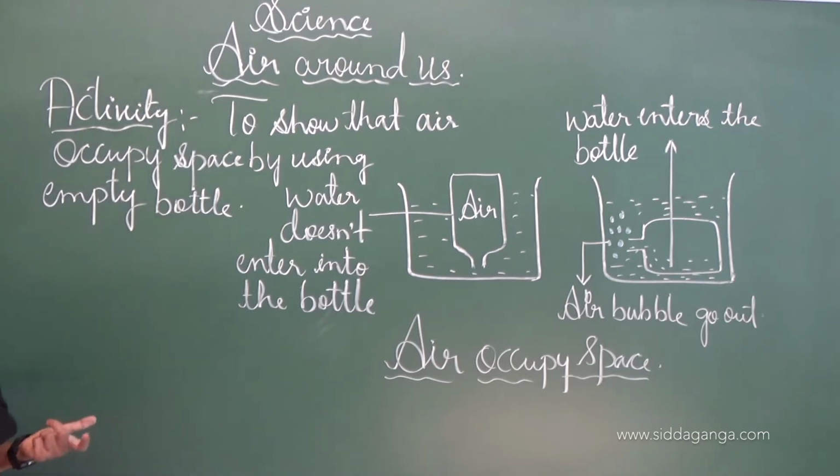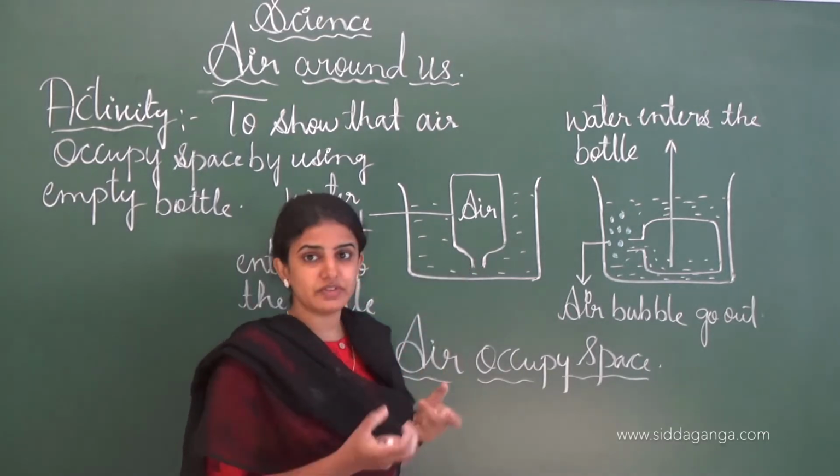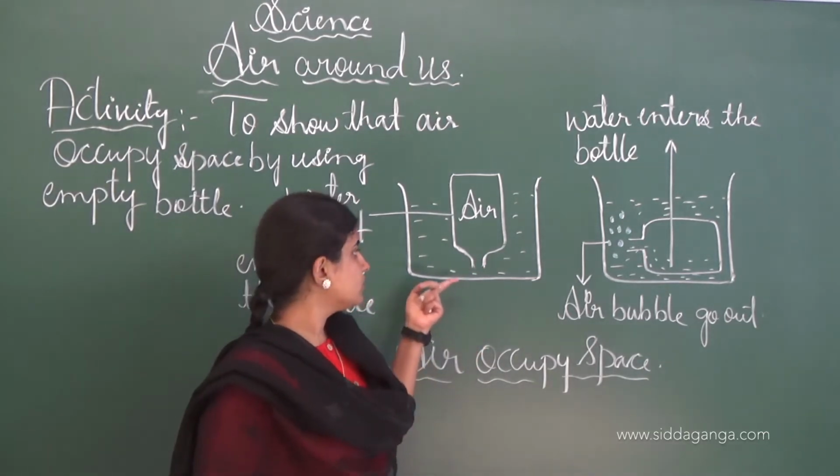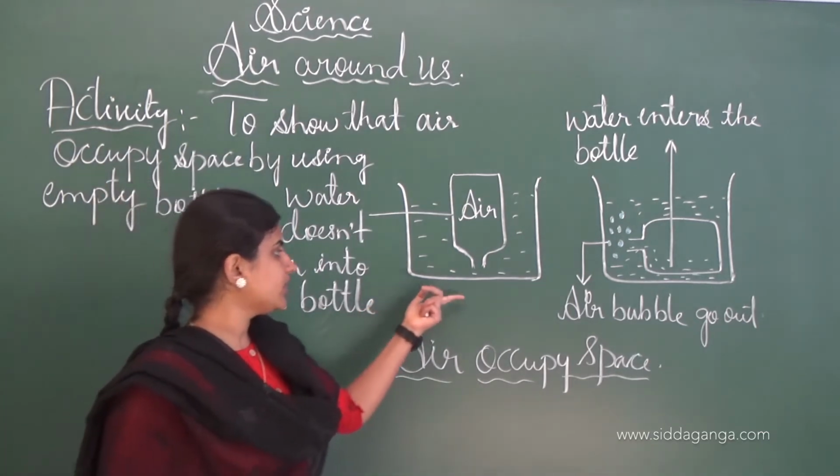Now we hold the bottle in an inverted position. Inverted means the mouth of the bottle is facing downward. In this inverted position, we keep the bottle in a water container.